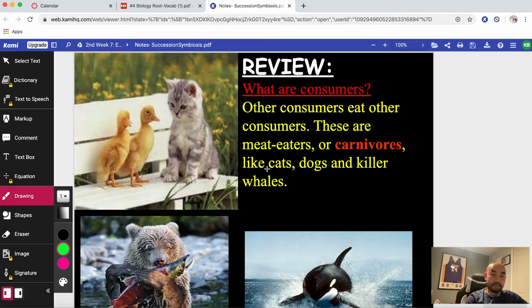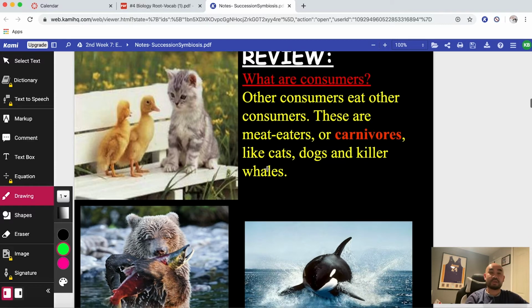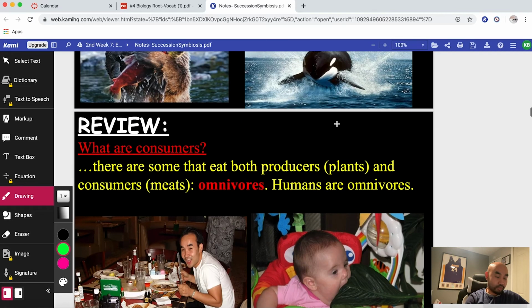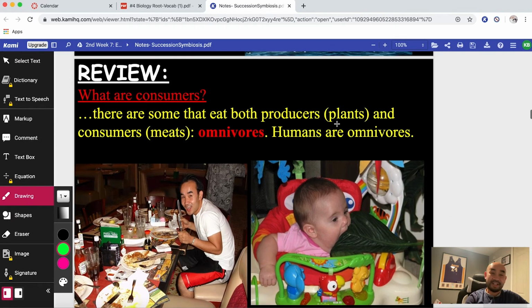And then the other type of consumer eats only other consumers, like a meat eater, right? Let's say you have a lion eating a deer, and that consumer is what we call a carnivore. So we can highlight or circle the word carnivore. And again, this is our review.